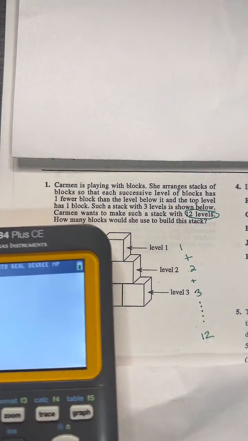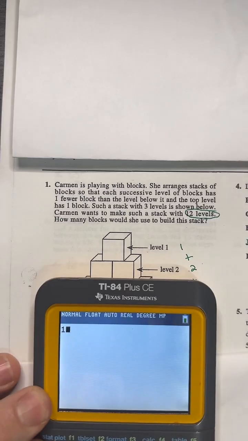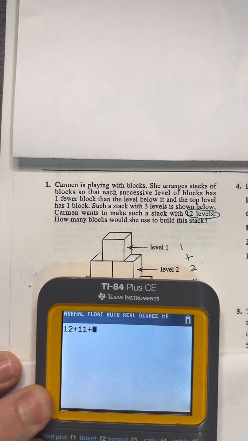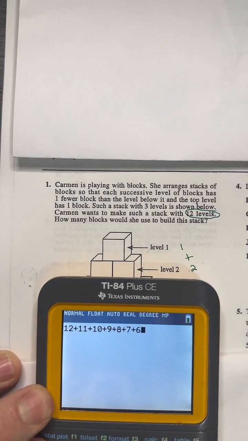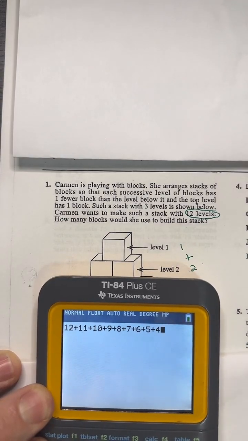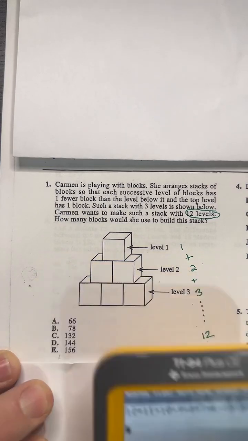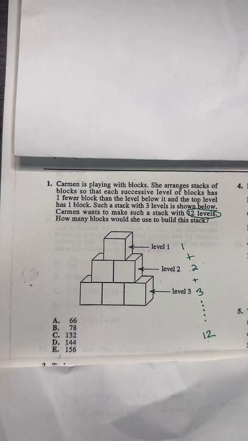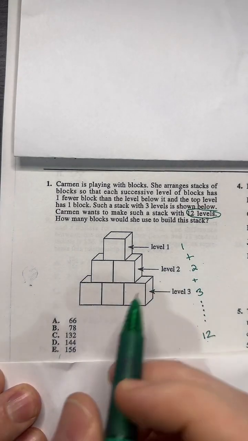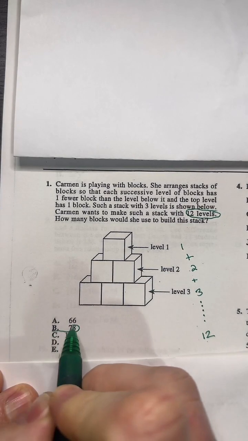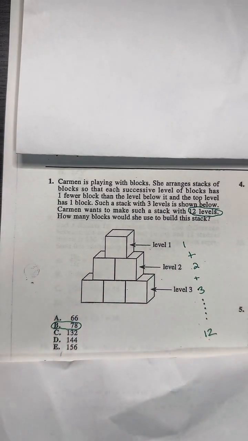So we're going to do 12 plus 11 plus 10 plus 9 plus 8 plus 7 plus 6 plus 5 plus 4 plus 3 plus 2 plus 1. And we're going to get 78. That means the total number of blocks in 12 levels is B, 78.